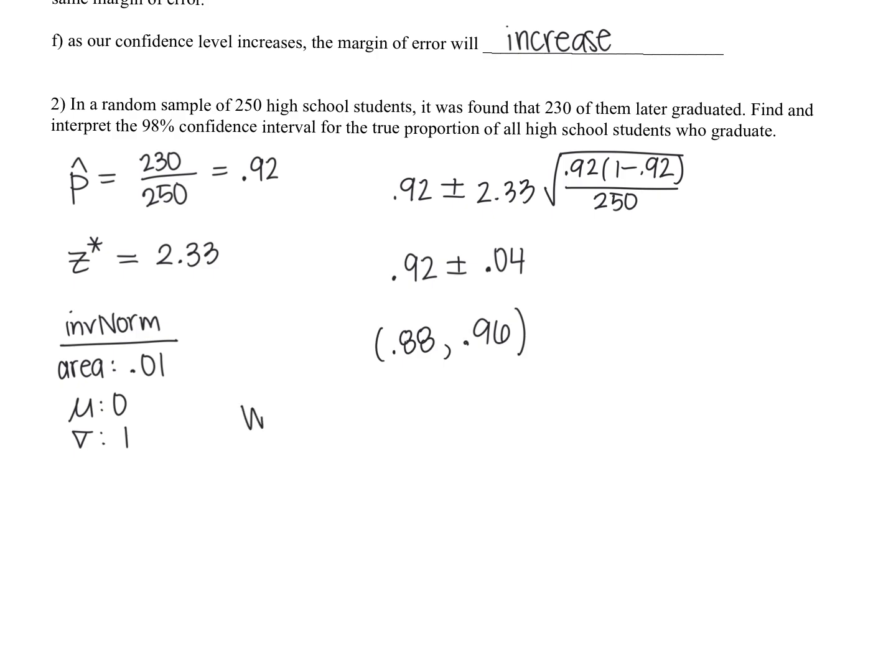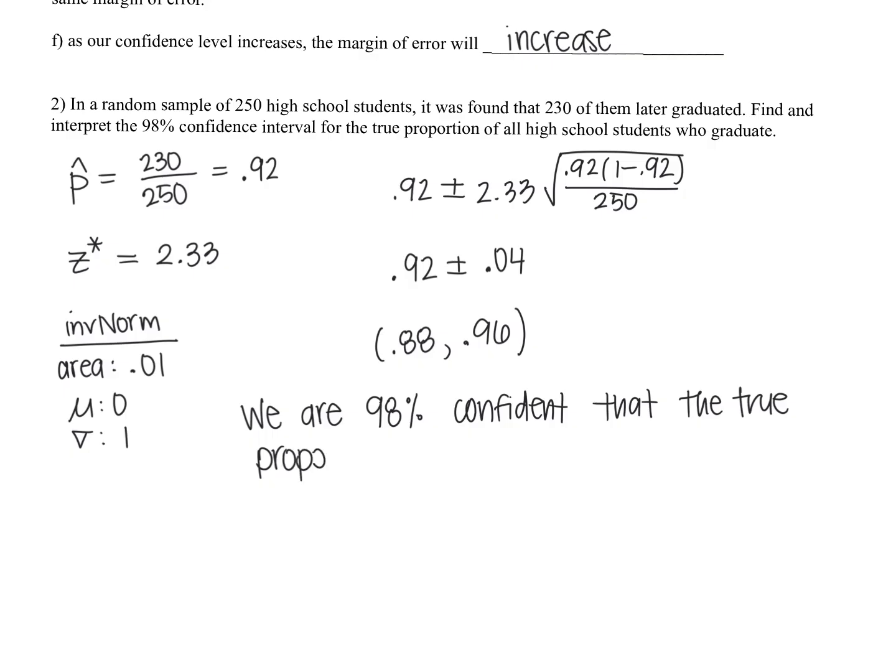And then my last step is my sentence. So all sentences start with "we are," and then whatever percent confident you are. So 98% confident that the true proportion, in this case, it's your problem, what you're trying to solve for.